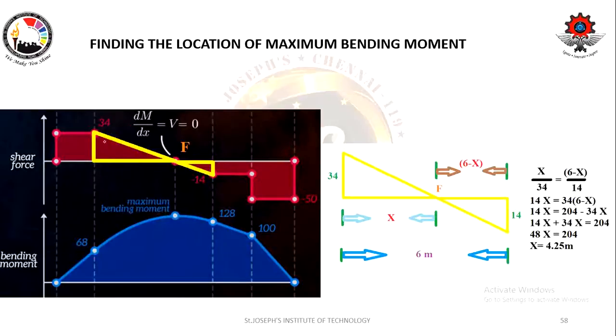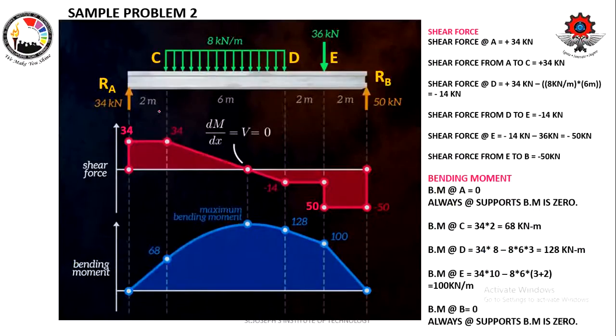Now we already know the distance, that this is 2 meters and this is 6 meters. So we are going to majorly concentrate on this portion. The entire distance we know as 6 meters, but we don't know the distance available here and here.